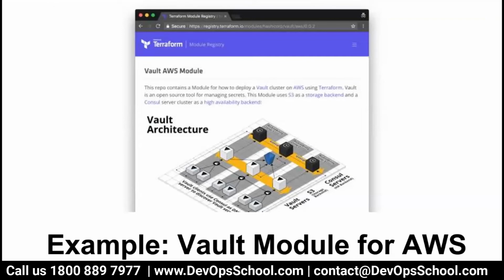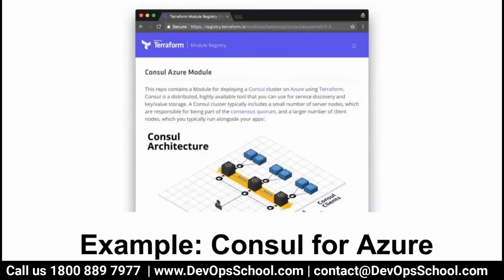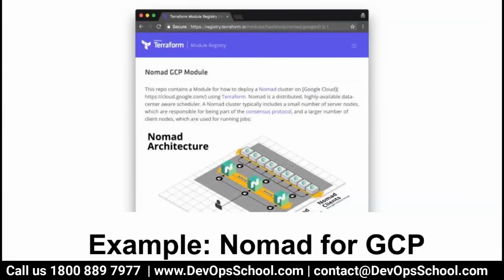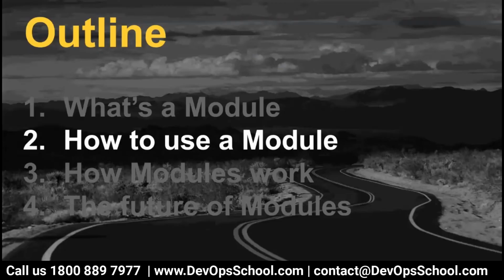If you want to implement Vault for AWS, there is a Vault module available. If you want to implement Consul for Azure, that module is available. If you want to implement Nomad for GCP, that module is available. You just need to download the code and use it. That's all. Are you all understanding?